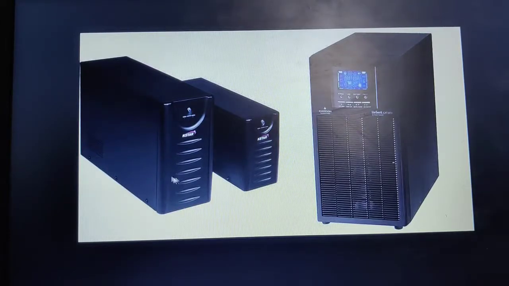Meanwhile, this UPS will be continuously monitoring whether the power supply is there or not. Once it detects that there is no power supply, it automatically switches to battery power. Then the electricity stored in the battery of this offline UPS will start providing the power supply to the computer system.